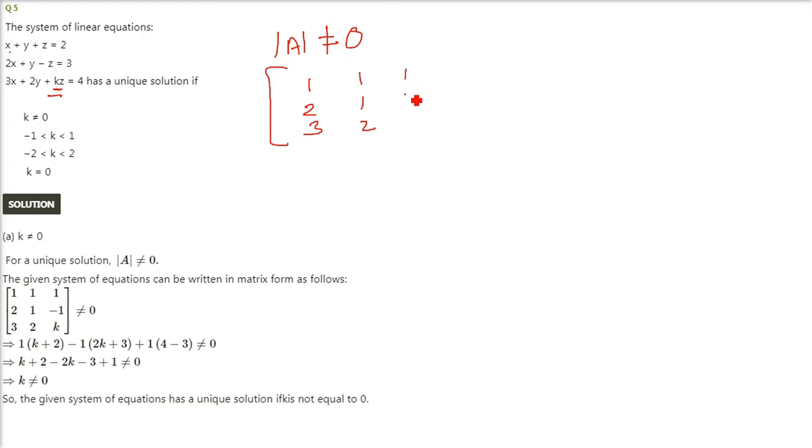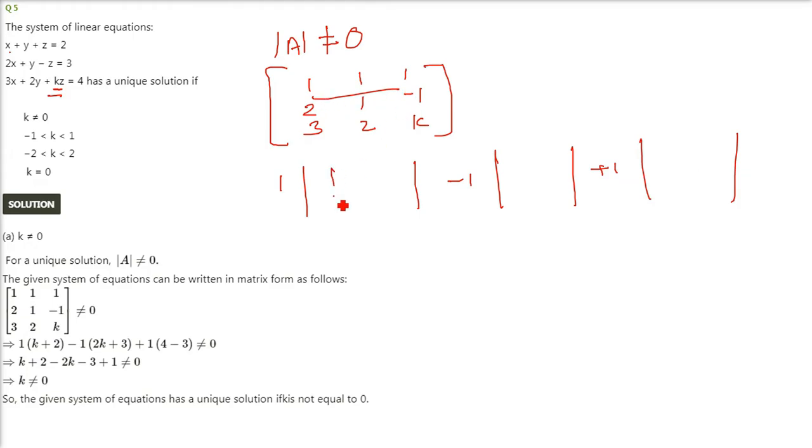So I'm writing the coefficient of X, then the coefficient of Y, coefficient of Z. So we have these coefficients of X, Y, Z, and then let us take the determinant: 1 and -1 and 1. I am using the first row to expand it. You will get 1, 2, -1, k. Now this one will be 2, 3 and -1, k, and this last one will be 2, 3, 1, 2.